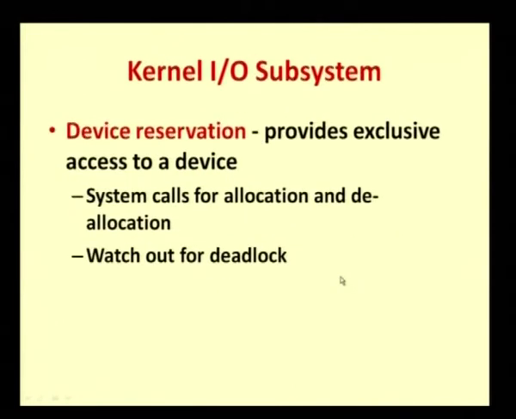The next kernel I/O subsystem is device reservation. Device reservation provides exclusive access to a device. The system calls for allocation and deallocation of devices, and it watches out for deadlock. Say you have a computer connected to a network. In a network there are 10 different computers, 10 people working, and a common printer.